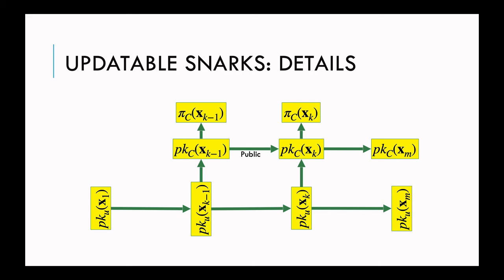You update the universal and specialized public key, etc. And now one detail is that, for example, this last argument, π of x_k, is sound if at least one of the first k updaters was honest.